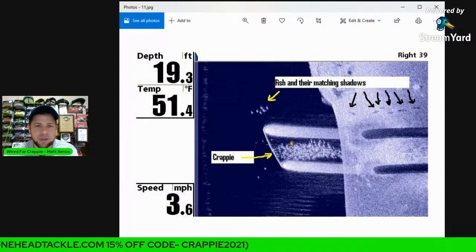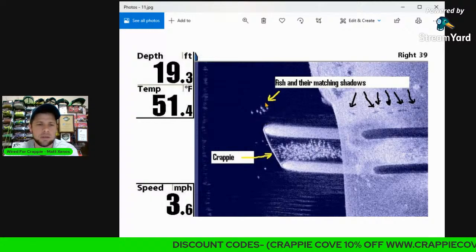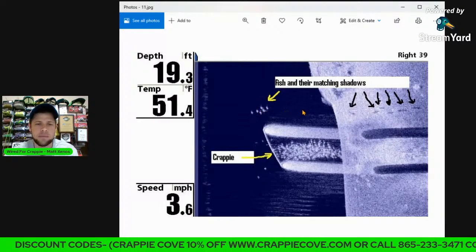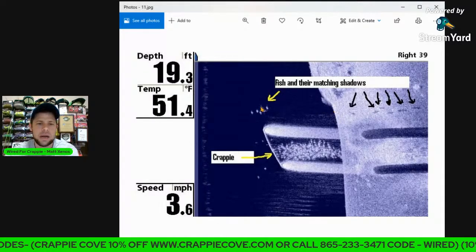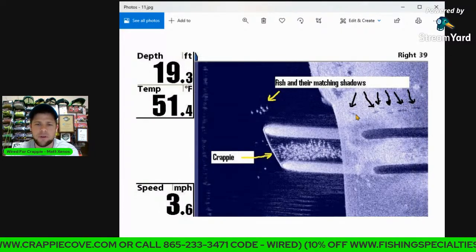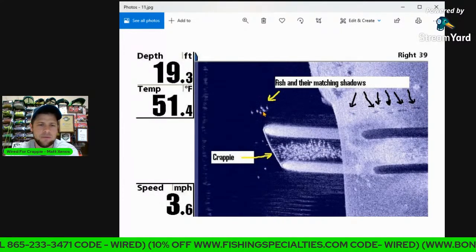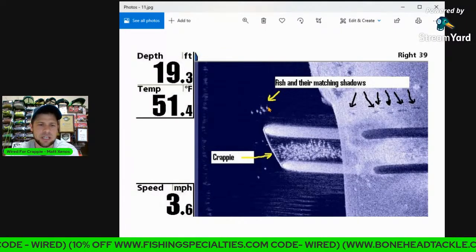If you can see, I want you to pay attention right here, guys, on those fish that are suspended out in open water. Pay attention to how far off the bottom those fish are, and look at how far their shadows are away from them. Let's count these fish. 1, 2, 3, 4, 5, 6. There's 6 fish right there.